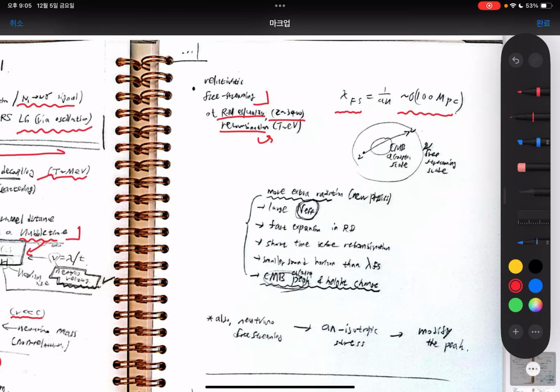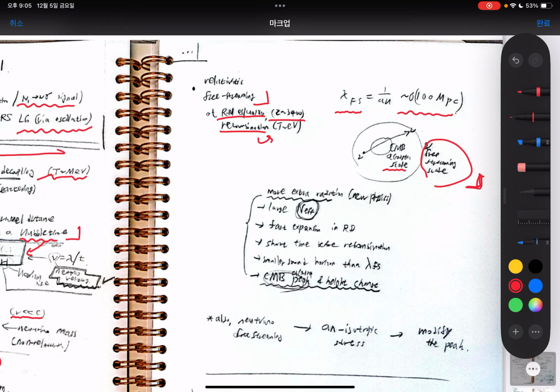Because this scale of the 100 megaparsec free streaming length is longer than the CMB acoustic scale, it plays a very important role in the observables.